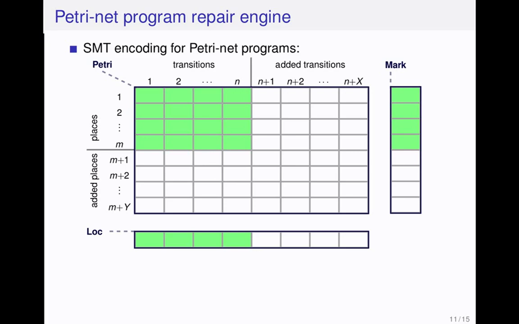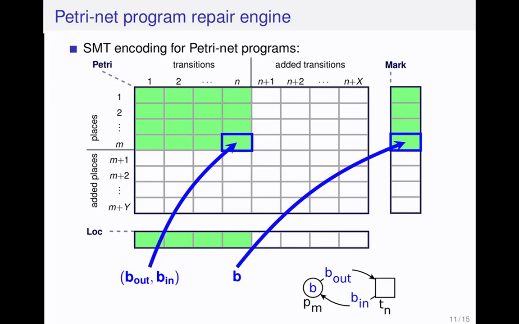And these white regions, corresponding to added places and transitions, will be filled in by the synthesizer as it adds synchronization skeletons. Each cell on the left corresponds to an edge between place M and transition N, as you can see on the right in the picture. And the mark is a Boolean variable which says whether that place is marked in the resulting Petri net.